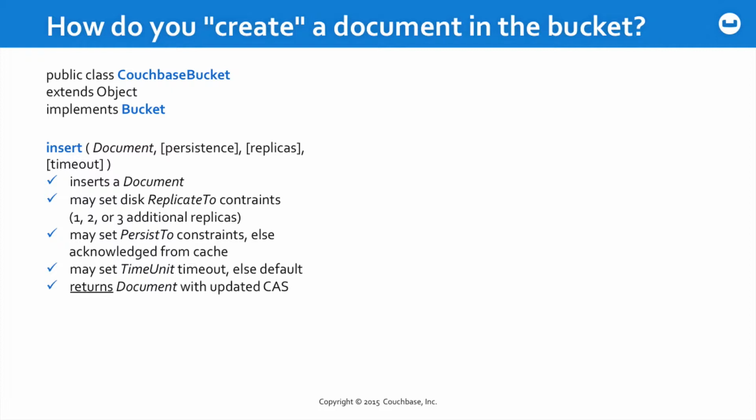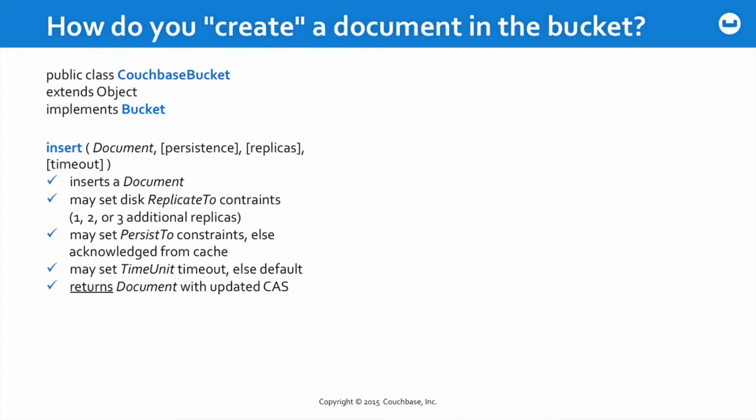You can also set persistence constraints that control when the creation, the insertion of this new document gets acknowledged. Now, by default, it's acknowledged as soon as it's placed in cache on the node to which the document is inserted. However, you can change that and, for example, set the acknowledgement to happen only when the value has also subsequently been written to disk. If you'd like to review how this architecture works, please go back and take another look at the Essentials of Couchbase NoSQL Technology course, also available here online.